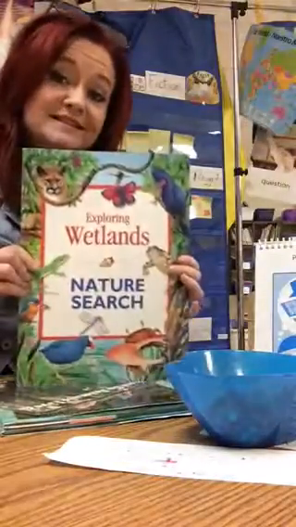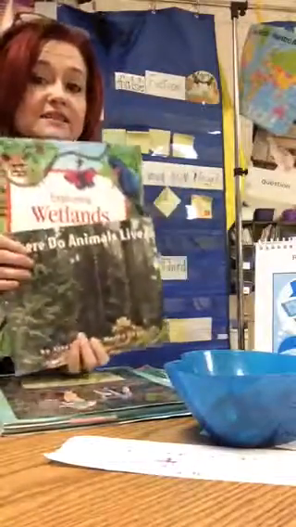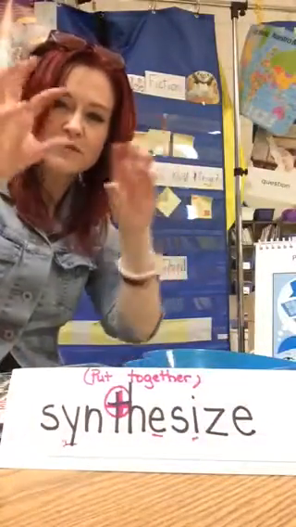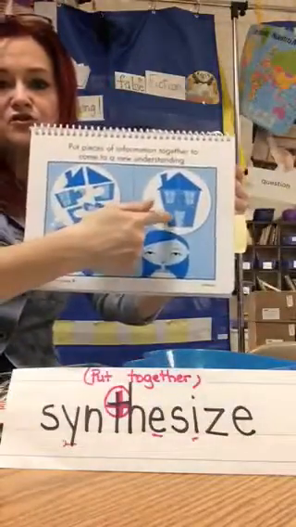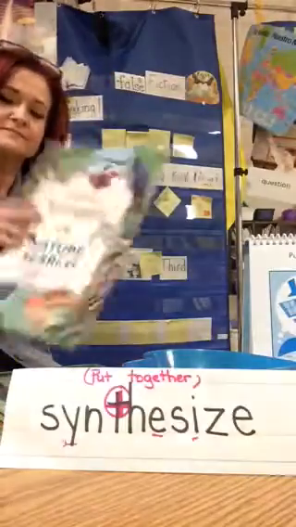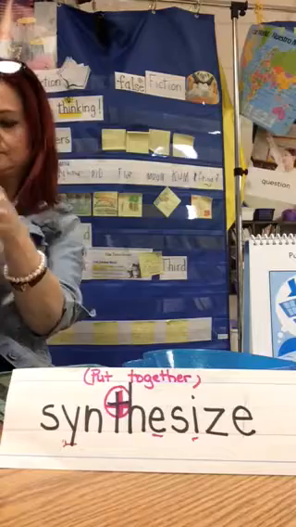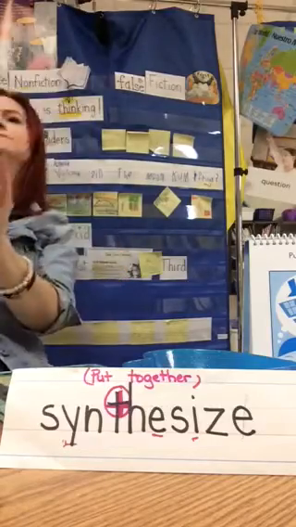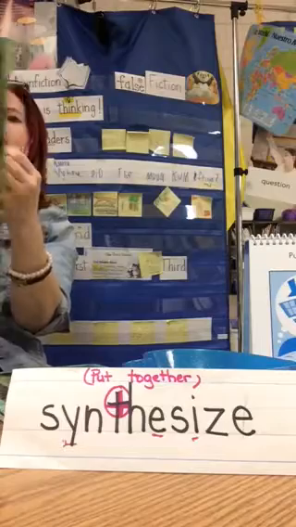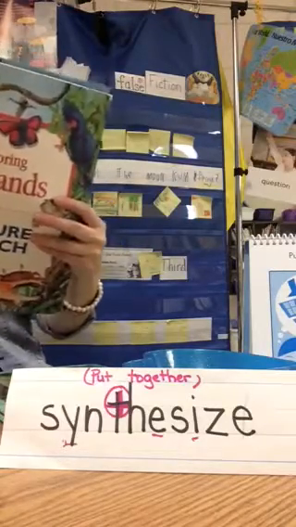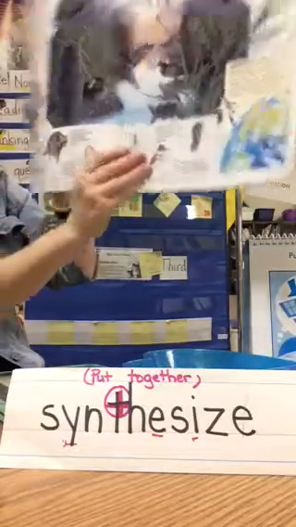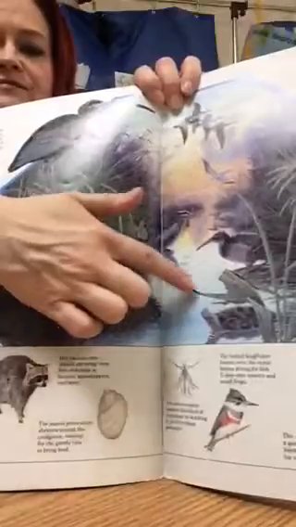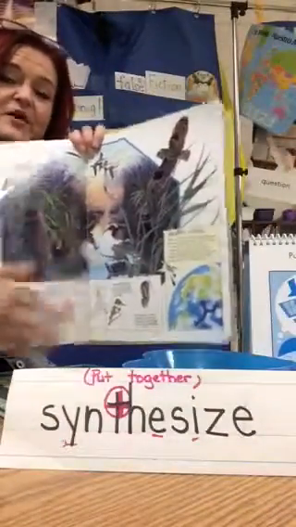Then we looked at this book, and because we are synthesizing, reading parts to put together as a whole, we looked at this page, and we talked about the animals that live there by the pond.